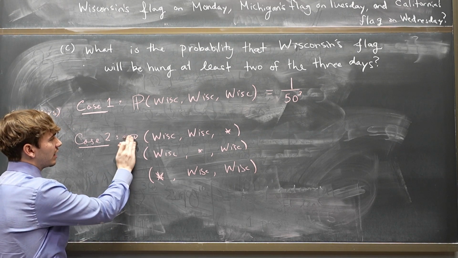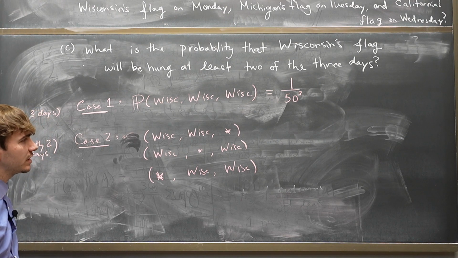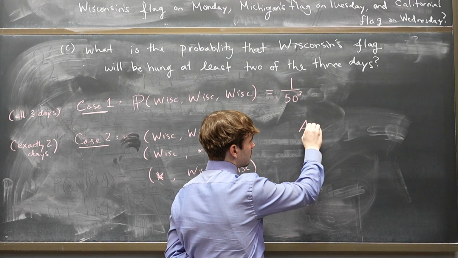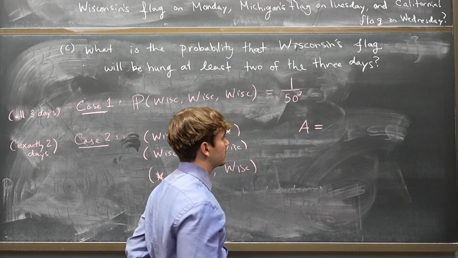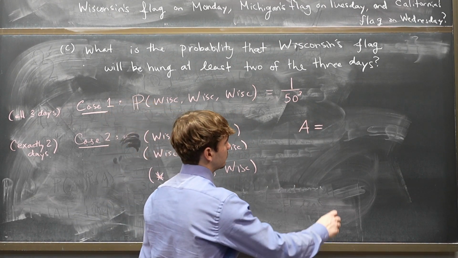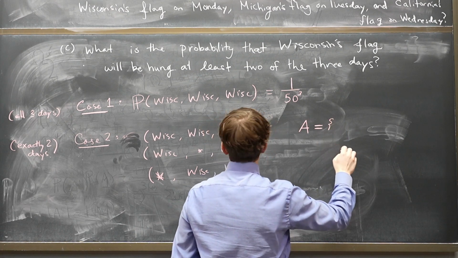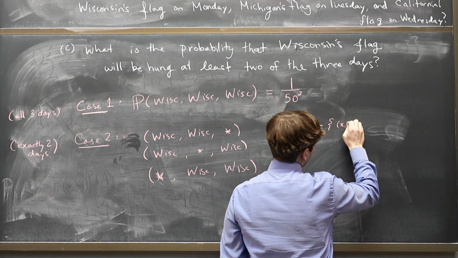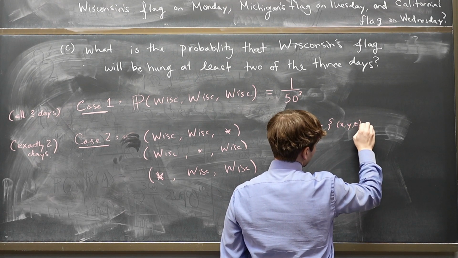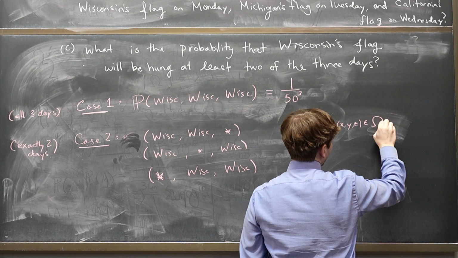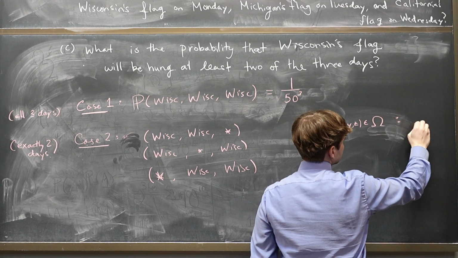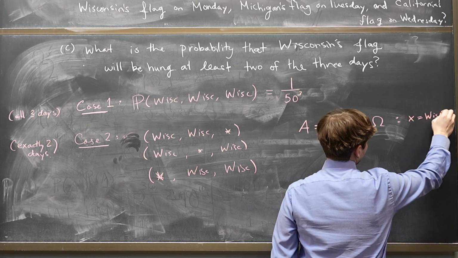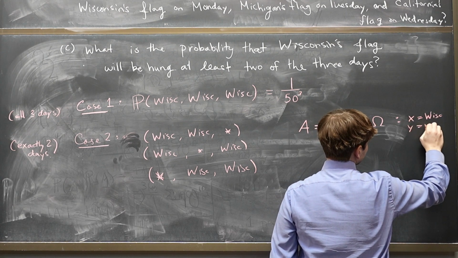I should be careful here and use the proper notation: let's denote the set A to be the set of all x, y, and z in omega such that x is equal to Wisconsin and y is equal to Wisconsin.